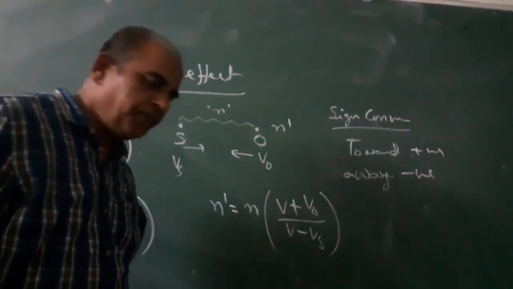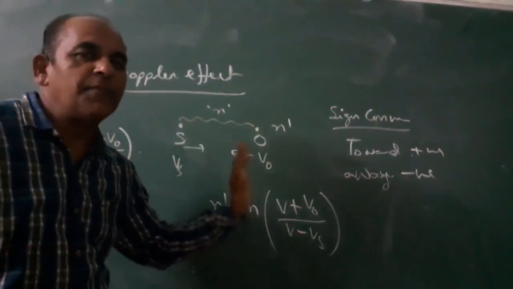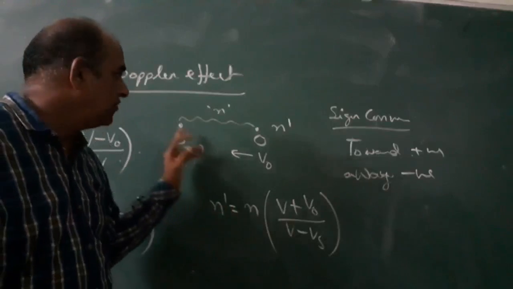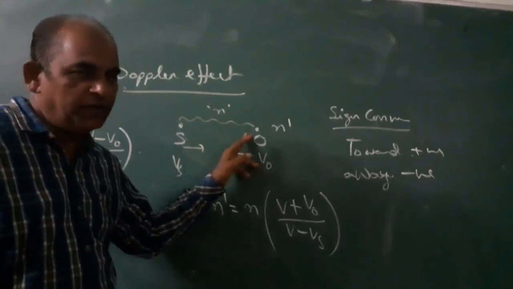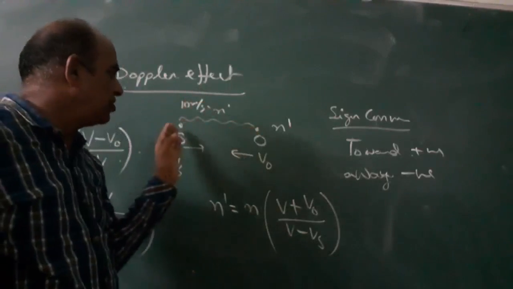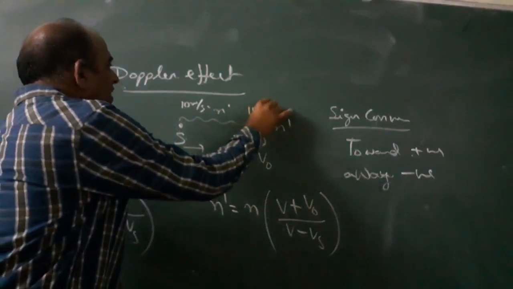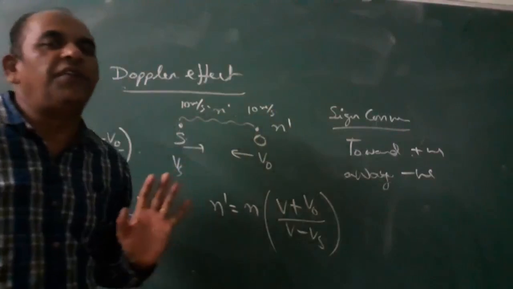So these are the topics in the Doppler effect. The Doppler effect is asymmetric in sound. If a source is approaching the observer with velocity 10 meter per second, or the observer is approaching the source with velocity 10 meter per second, the frequencies received by the observer are different.